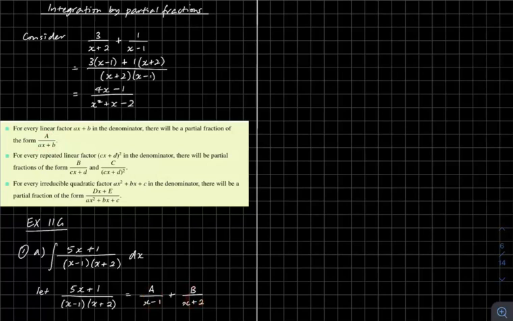So when we do that, then we could say, well, therefore, 5x plus 1 over x take 1 times x plus 2 is going to be equal to, on the right-hand side, when we combine these into a single fraction, give them a common denominator, there it is there.